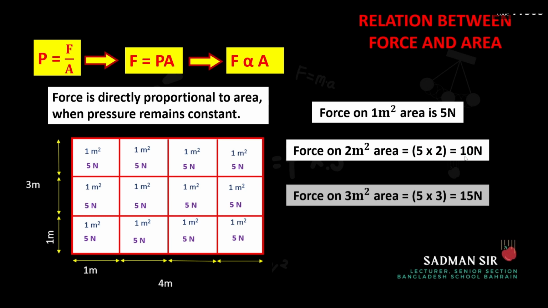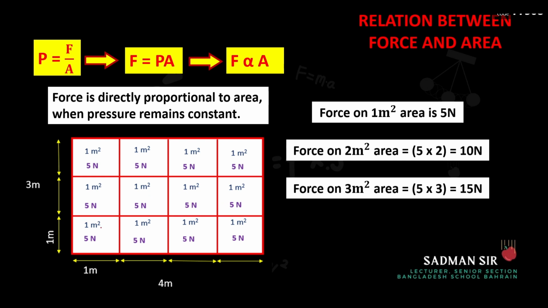Similarly, if I take 3, that means 1 plus 1 plus 1. So we will add 5 plus 5 plus 5. 3 fives we will add. So we will just multiply 3 with 5 and that will give us 15. So the point that I want you to notice here is that whenever the area became double, the force also became double, 5 into 2.